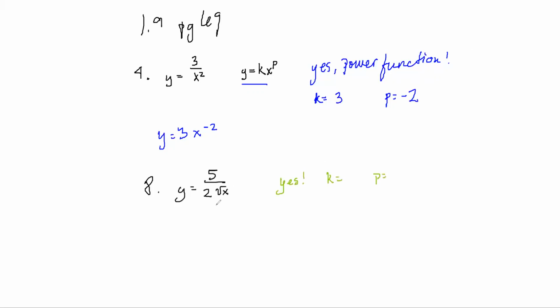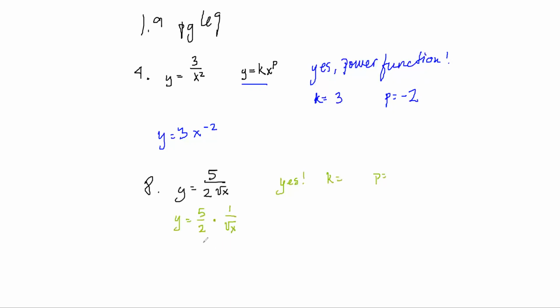I'm going to write this in a form that's easier for me to analyze. So k is not actually equal to 5.